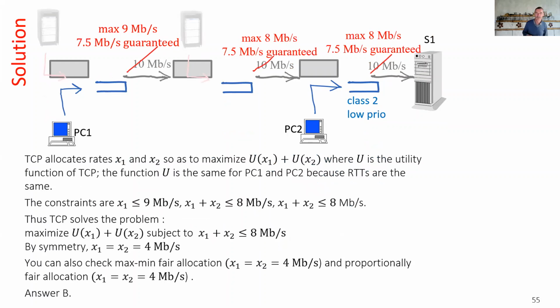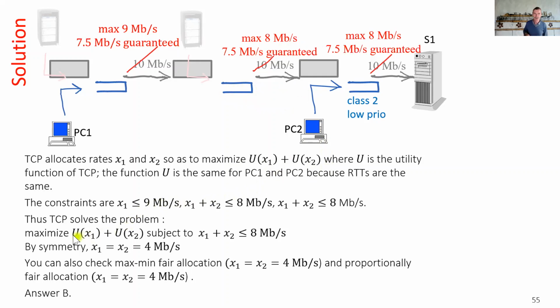Now, how do we get the rates? Well, here it's fairly easy. One solution consists in saying TCP allocates the rates as if it were solving an optimization problem where it maximizes the total utility, using the utility function of TCP. The function is the same because the RTTs are the same here.